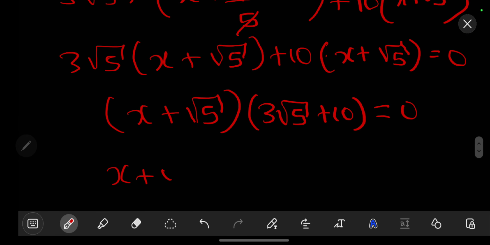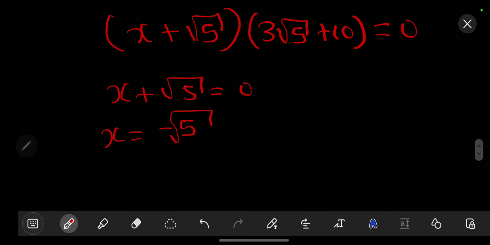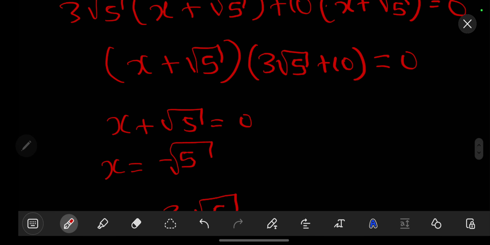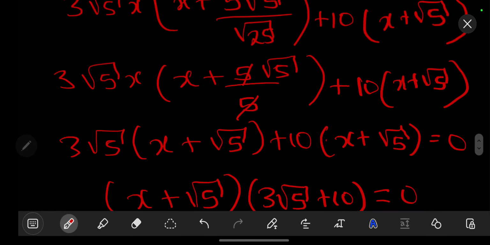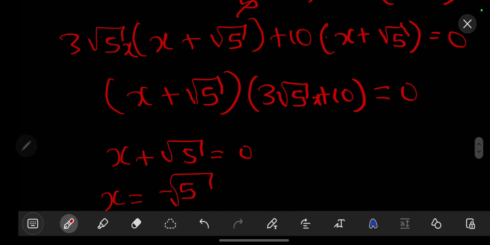Either x plus the square root of 5 should be equal to 0, or we are going to have, so taking the 5 the other side, x should be equal to negative square root of 5, that's our value. Or taking this other one, which is our 3 square root of 5, so this one has got x, even here x.